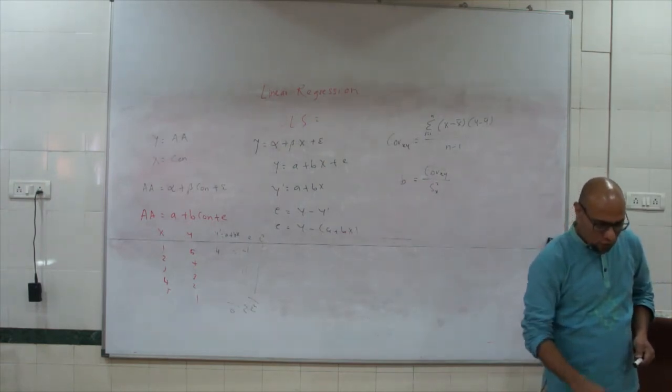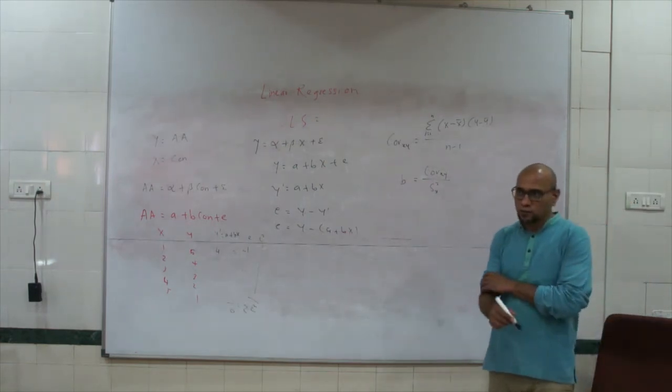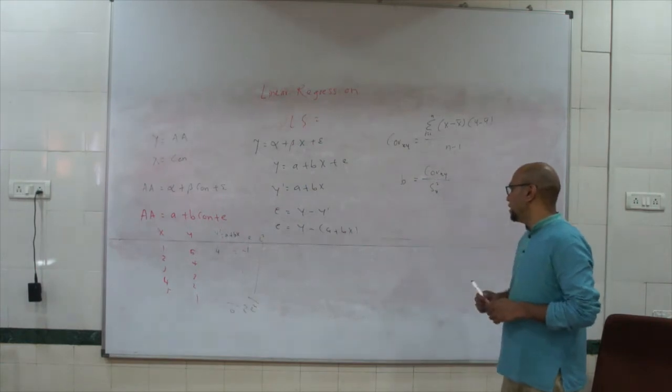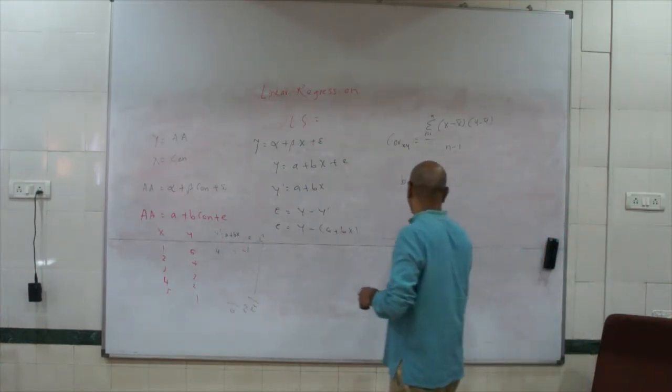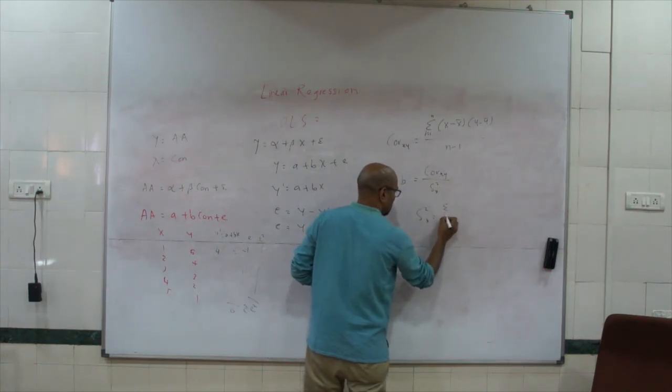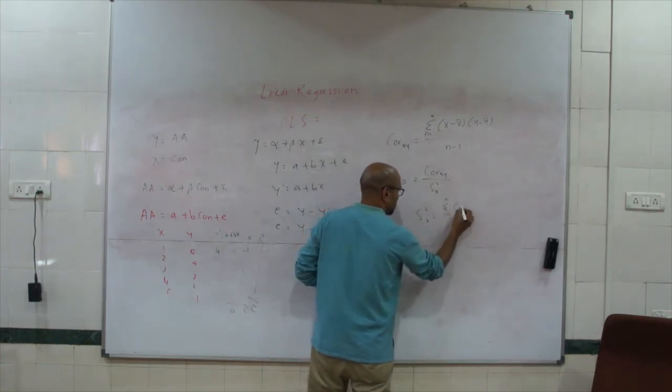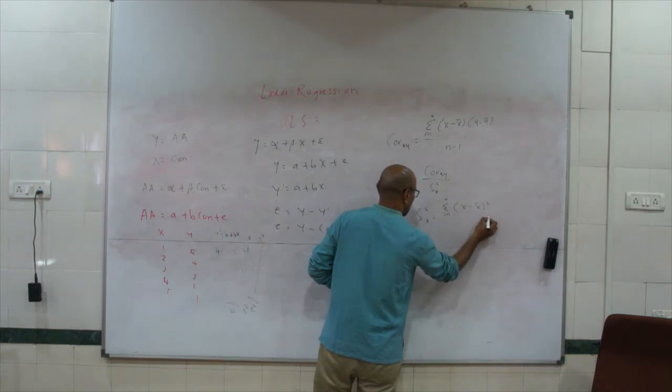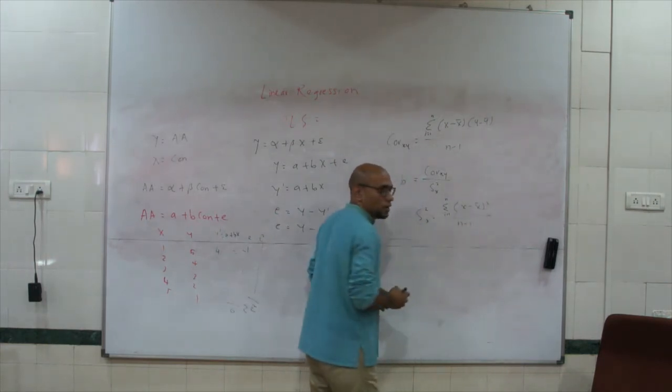We know how we get covariance xy, and we know how we get variance of x. Variance of x is equal to summation i is equal to 1 to n, (x minus x bar) squared, upon n minus 1.